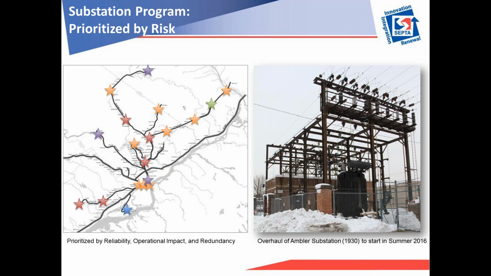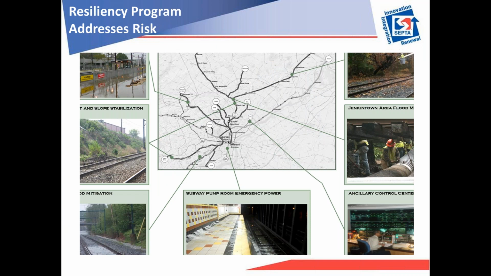The adjective that we used to describe these substations was Frankenstein-esque. We have 18 of these throughout the system, and we really wanted to develop a program to minimize impact to the riders as well as address any identified risks. So we go through that sort of exercise with the data that we collect to develop what is now called our super substation program.